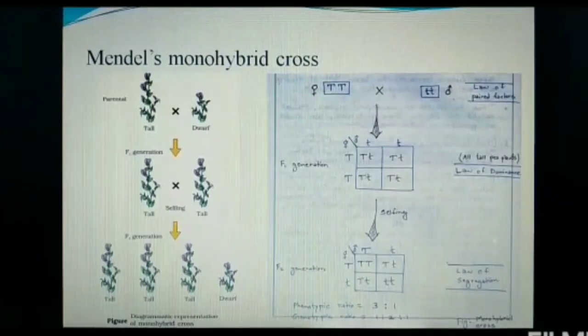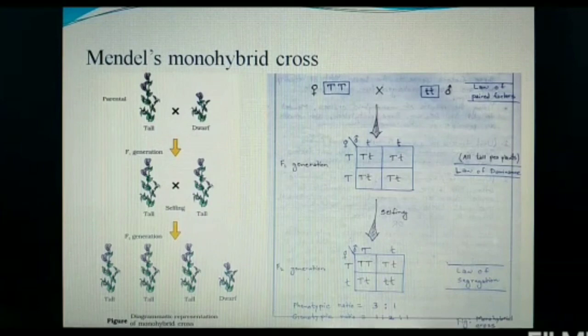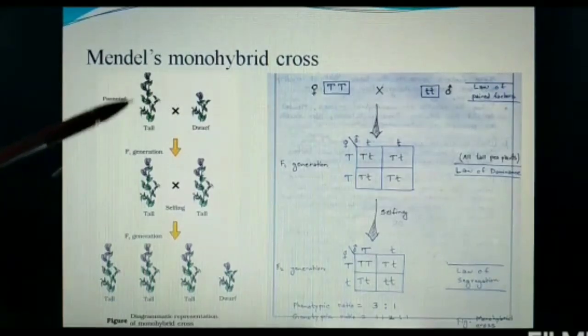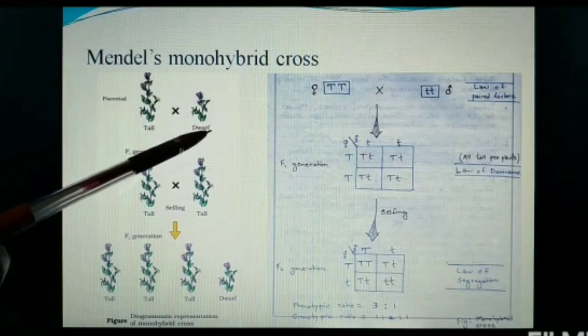In his F1 generation, or the first filial generation, he got all the plants tall. He calculated the percentage of tallness and dwarfness in that subsequent generation. So, in his first experiment, he crossed a pure breeding tall plant and a pure breeding dwarf plant.